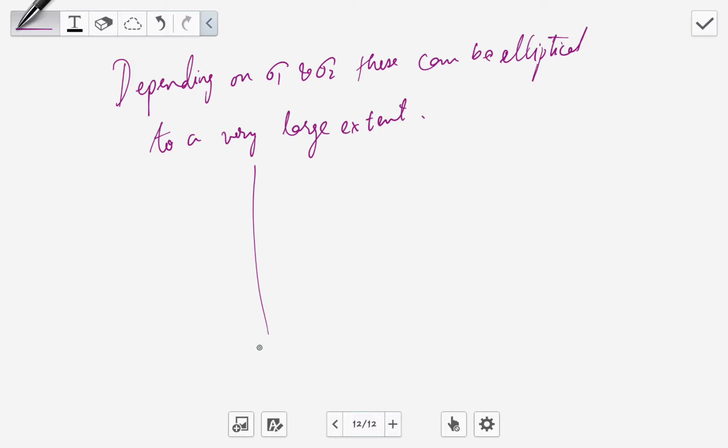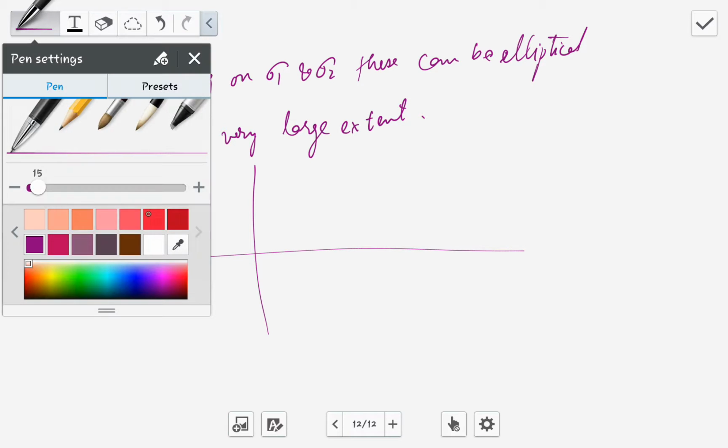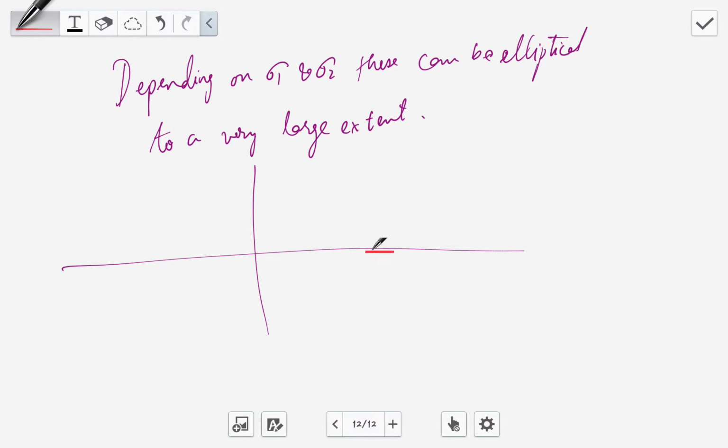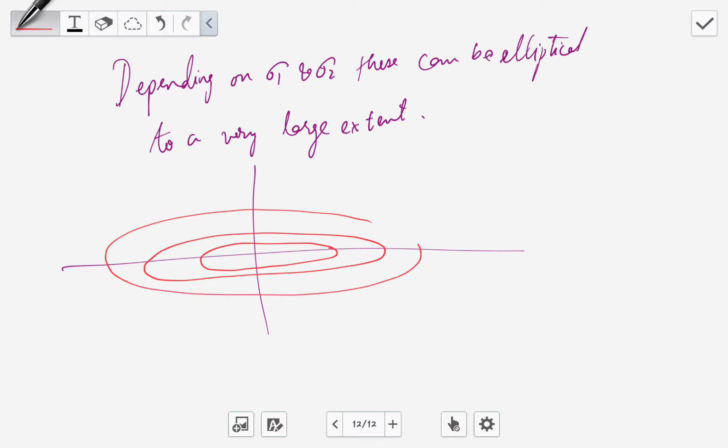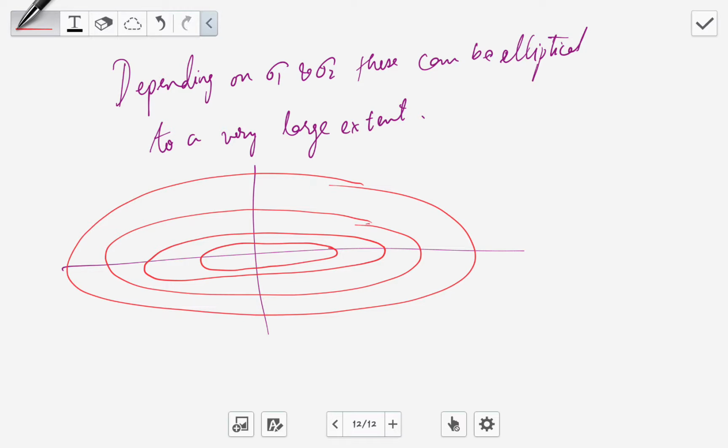What I mean is, these contours could be this way. These contours could be as bad as this. And then that is what happens.